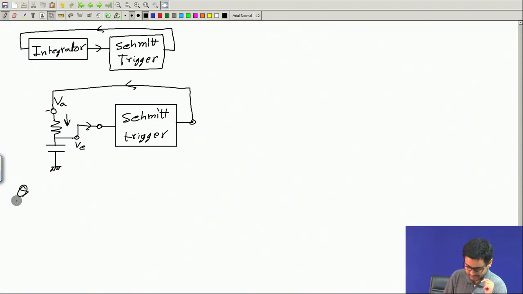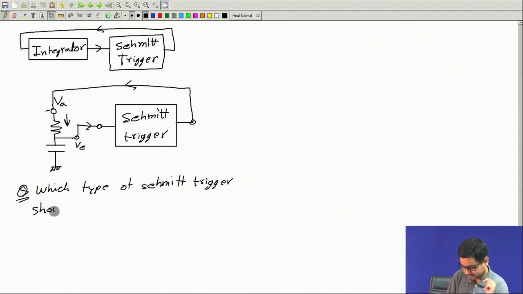Which type of Schmitt trigger should we use here, meaning in this circuit? Can you answer?